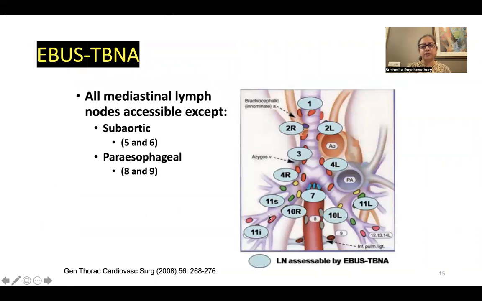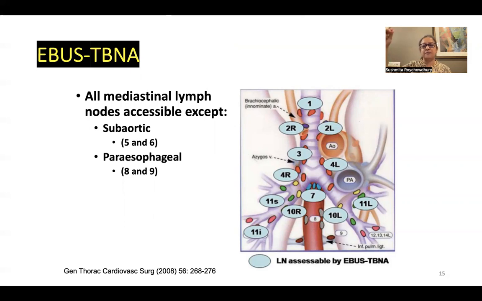This is the lymph node station map each of you should be aware of. With endobronchial ultrasound, especially the convex probe, all the mediastinal lymph nodes are accessible except the paraesophageal and the subaortic lymph nodes. So stations 5, 6, 8, and 9 are not accessible through the endobronchial route.